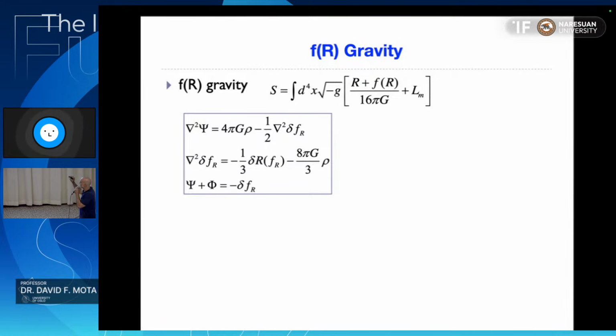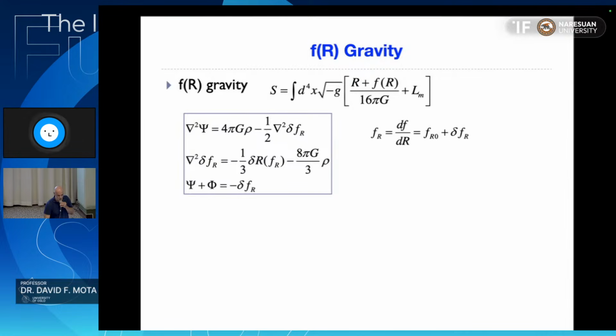Okay? And since I have my scalar degree of freedom, I have also the corresponding Klein-Gordon equation for my scalar degree of freedom, for my f of R theory, delta f_R, which is equal to these parts here. Okay? And the most important equation is the equation here, psi plus phi, which now is not equal to 0, but is going to be equal to the perturbations in the scalar degree of freedom.